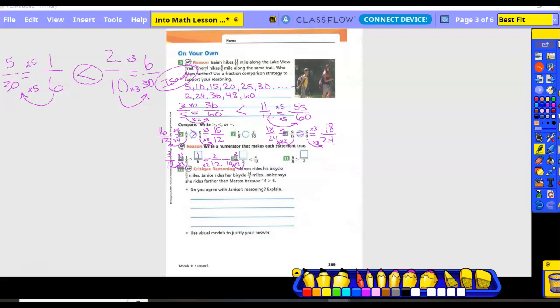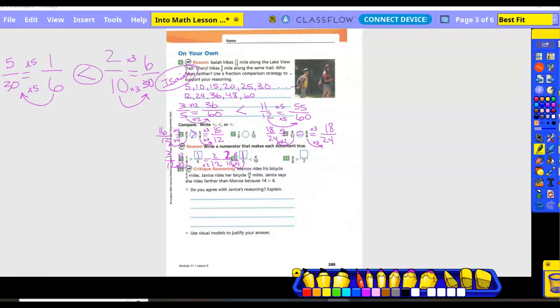So what could I put in there that would maybe work? What about if I did 1 again? And then that would get me 2, right? Is 2 tenths less than 4 tenths? Yes. If I would have put 2 in there, would that have worked? No, because that would have got me 4 tenths and that would have been equal. So we had to go with 1, right?